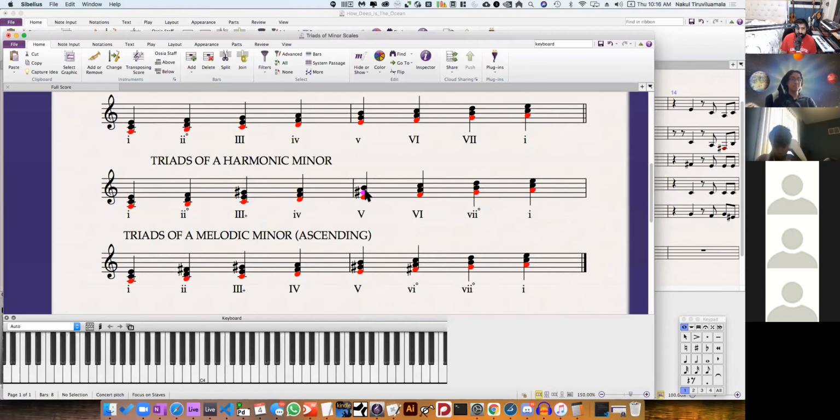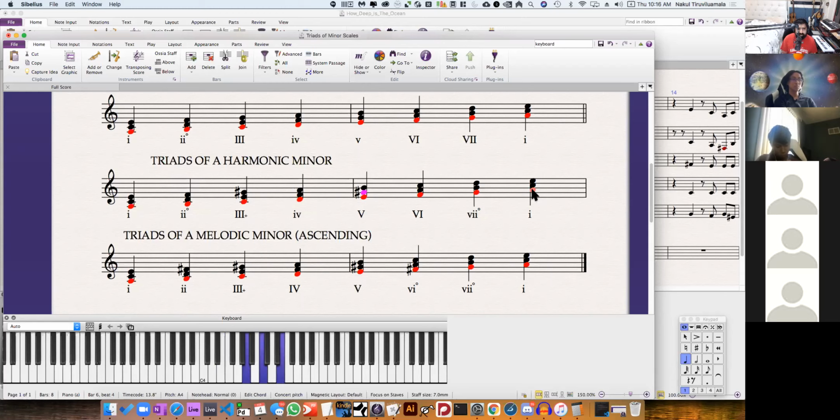When I made this note lavender, the idea is that this note will be really, really close to resolving to this note, the root, the tonic of the scale, right? The tonic of the scale is A.